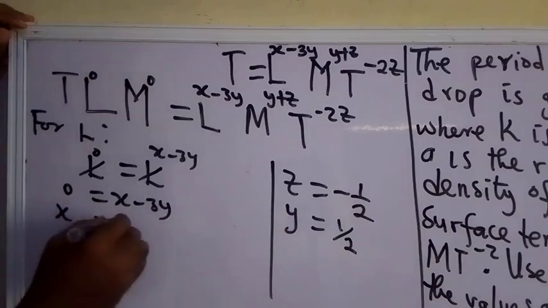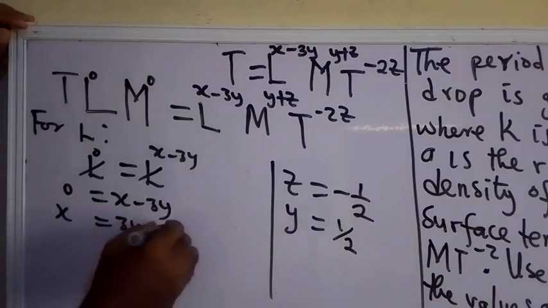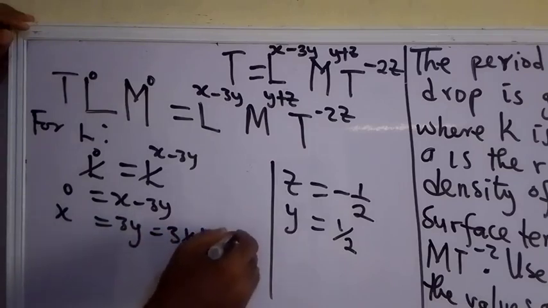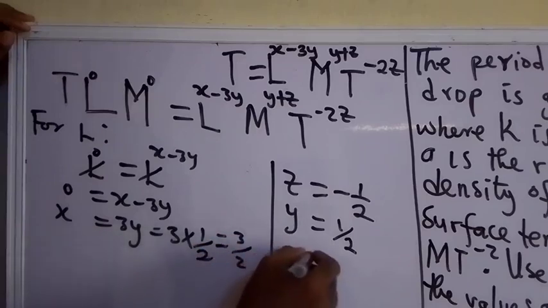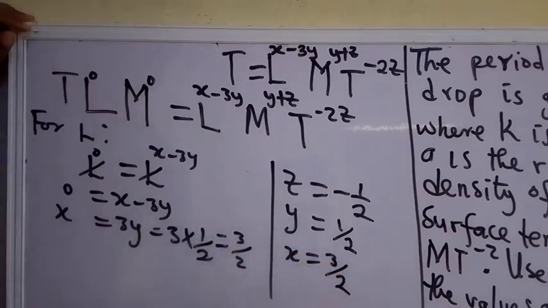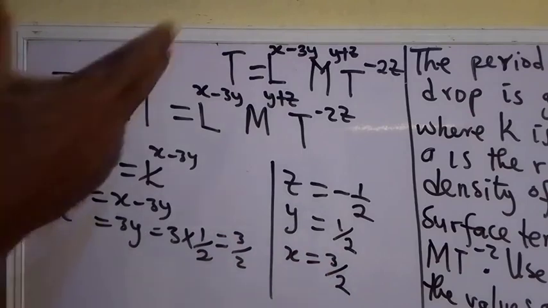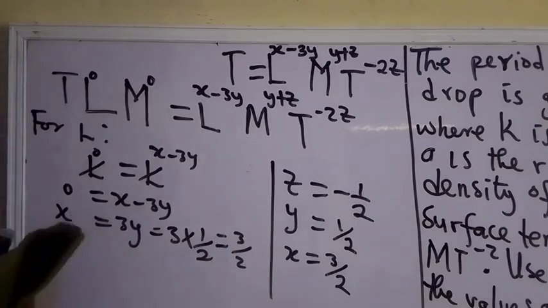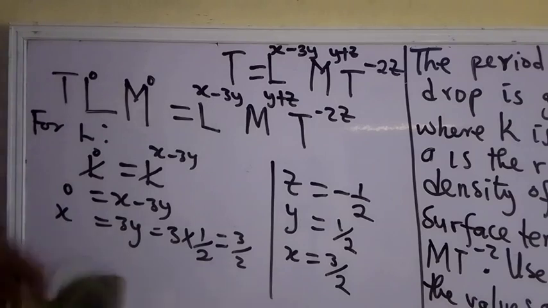That means x is 3y, which is 3 times y is 1 over 2. So x is 3 over 2. Guys, we've been able to achieve the values of x, y, and z. Simply, this is what we're asked to do.